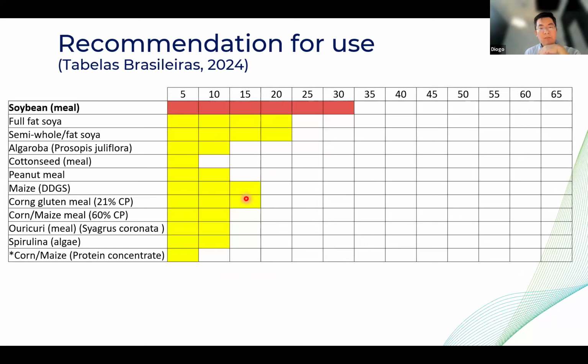And again, we have a similar situation. Some of the ingredients that we know can only reach 50% or one third of the potential that we are already using with the soybean meal. So this is something that we need to consider.